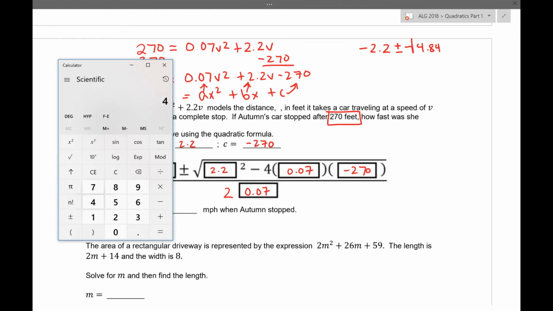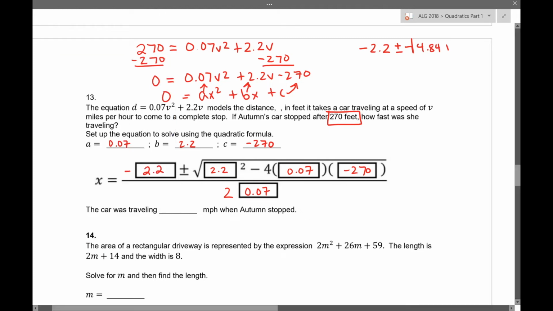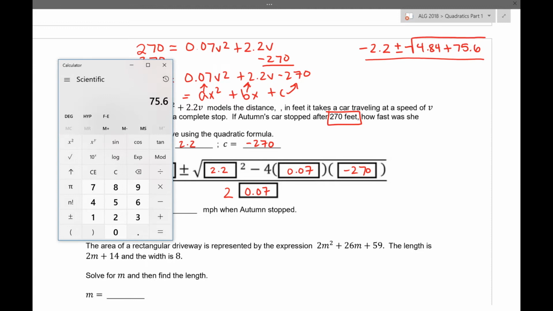So I take 4, which is negative, times 0.07, times negative 270. I should get an answer of positive 75.6. And that's going to be over 2 times 0.07, which is 0.14.